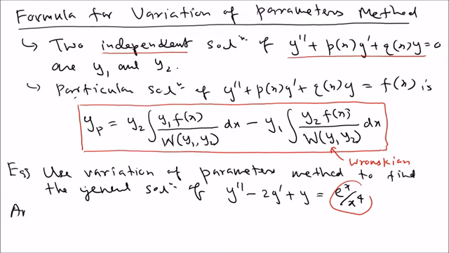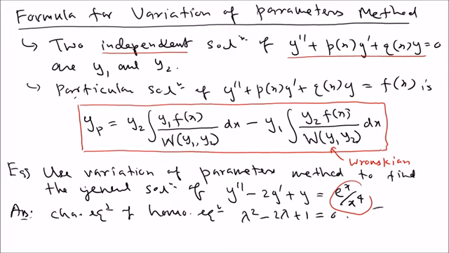So first we look at the characteristic equation of the homogeneous equation, which is lambda squared minus 2 lambda plus 1 equals 0. You can see it is (lambda - 1) squared, so lambda equals 1, 1. That's a repeated solution.